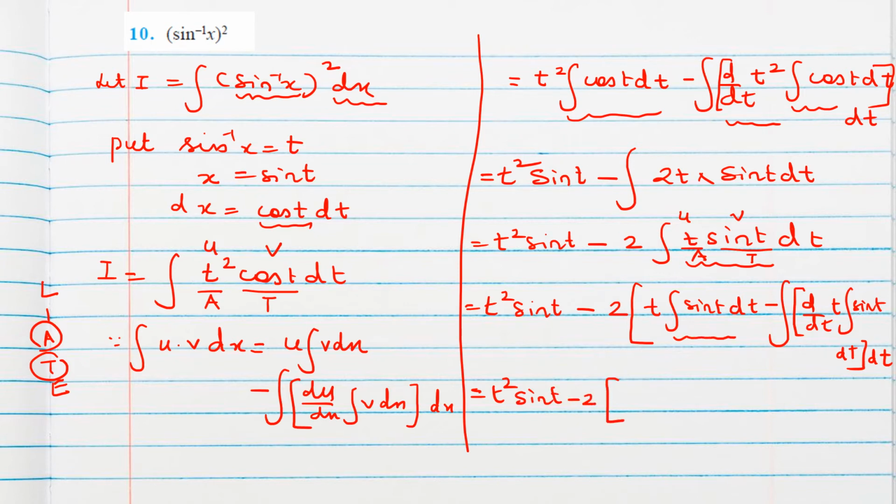For the integral of sin t we have a direct formula, that is minus cos t. So minus t cos t will be the first term. Here the derivative of t will be 1 and the integration of sin t is minus cos t. So that minus and this minus will become plus.